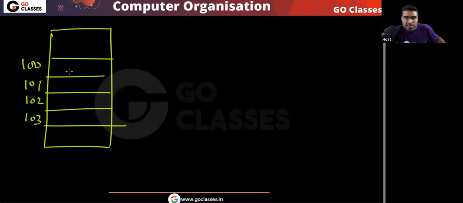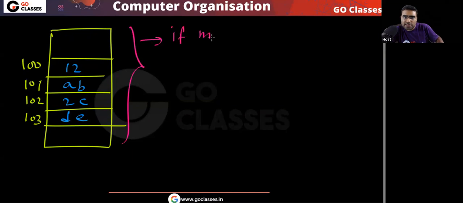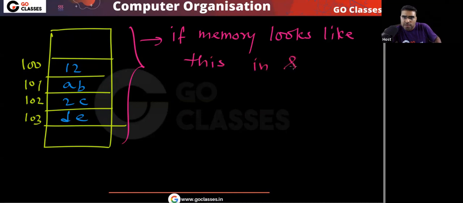For example, 1, 2, A, B. Maybe 2, C, and D, E. So let's assume this is your main memory. If memory looks like this, in some endianness, then what will your answer be?